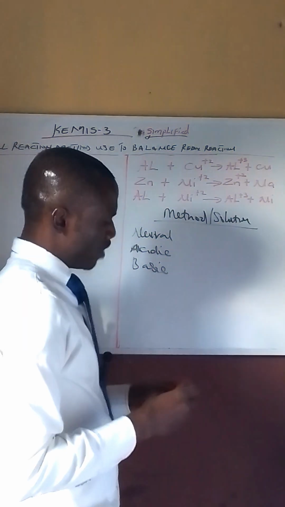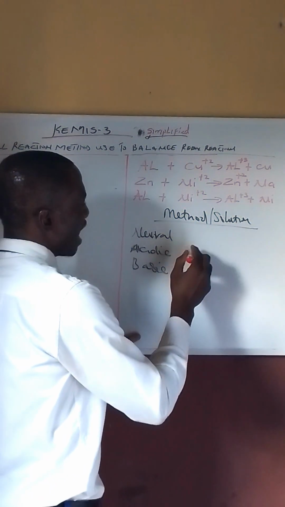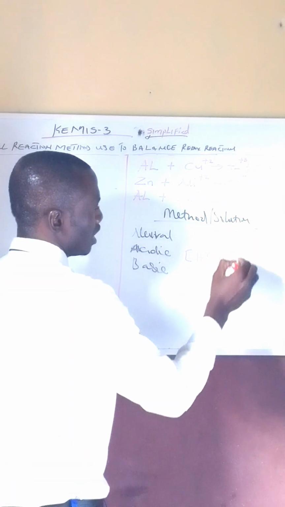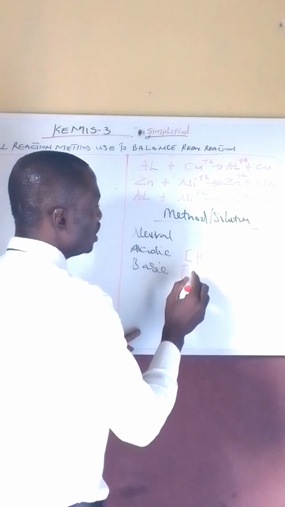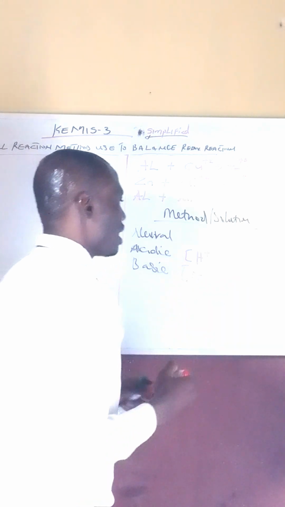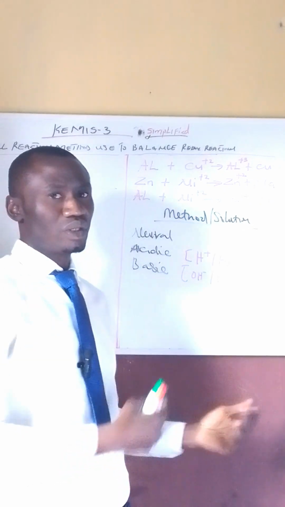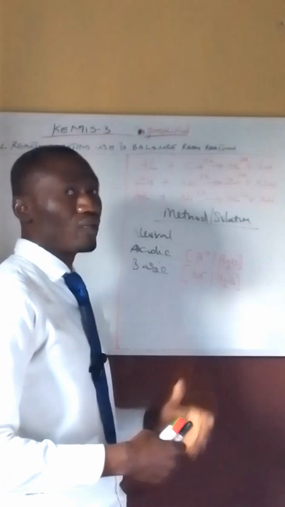Now, if you balance under the acidic solution, you need to add hydrogen and water. And then if you're balancing under basic solution, you need to add hydroxyl and water. Hydrogen is what identifies the acid, and then the hydroxyl the base.